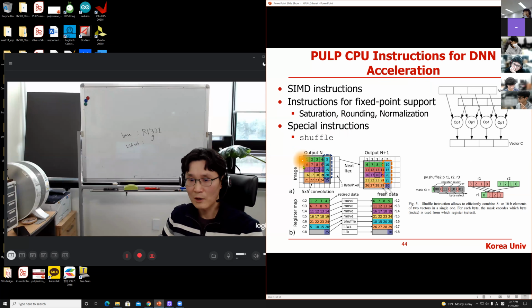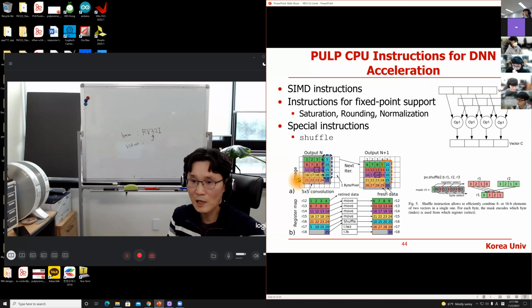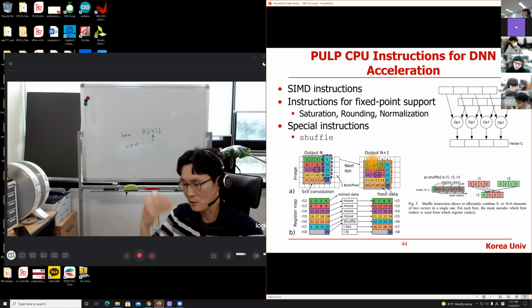Okay, so in this example, you want to do a 5 by 5 convolution operation here. Let me show you. So the original input image, then a 5 by 5 filter. After this convolution operation, the filter moves down 1 pixel like this, right?